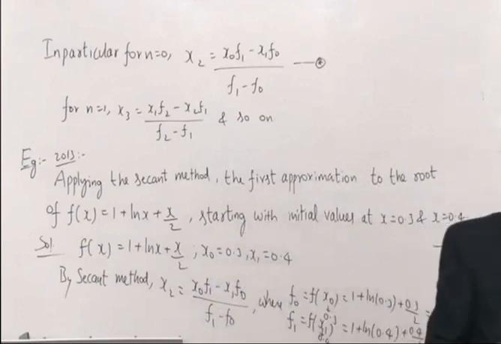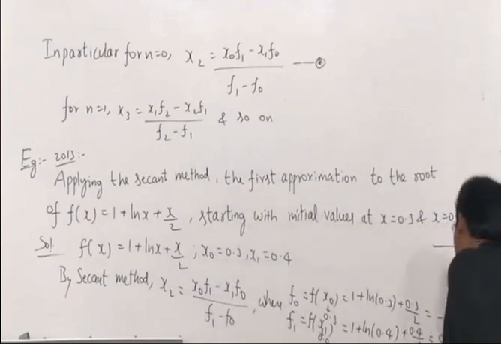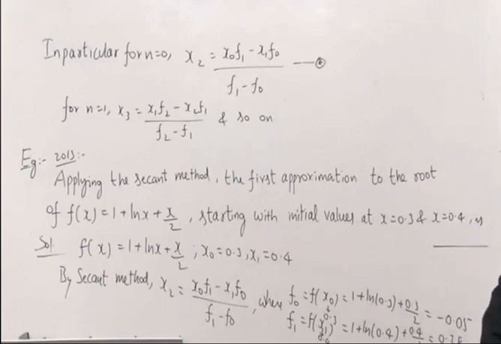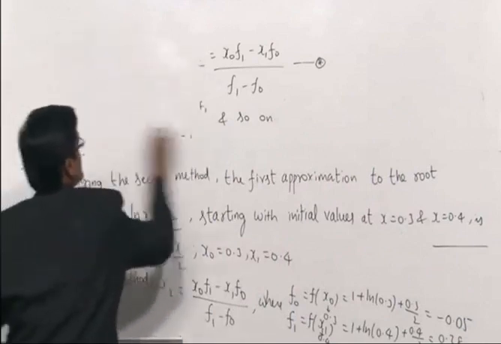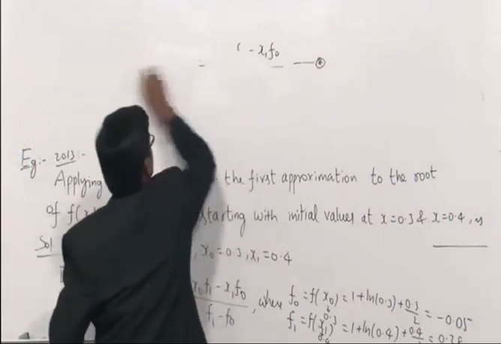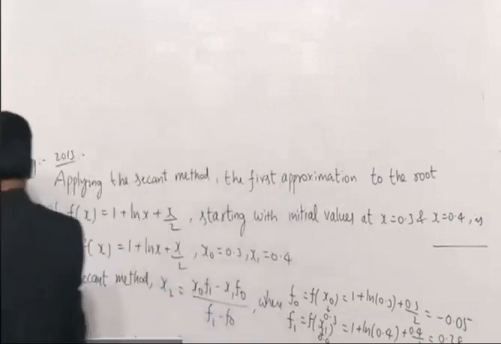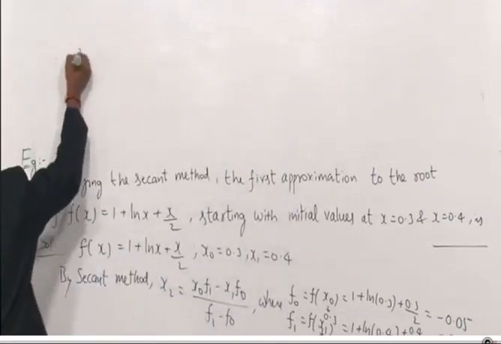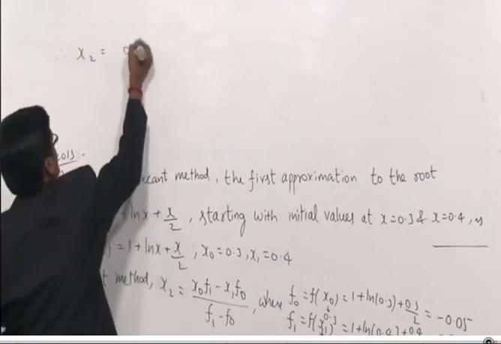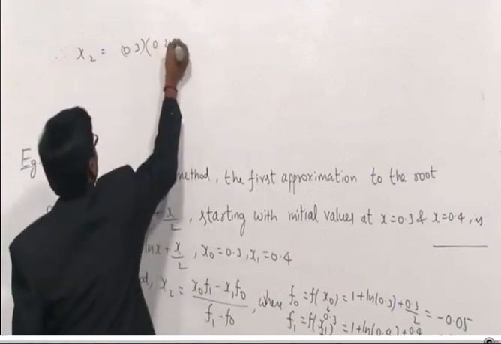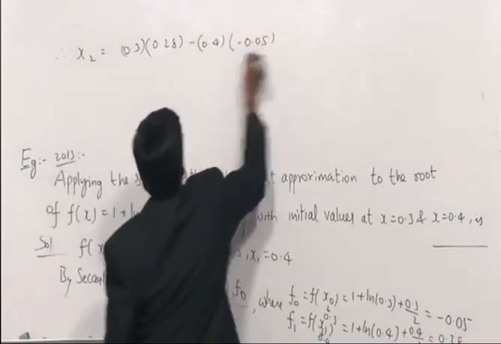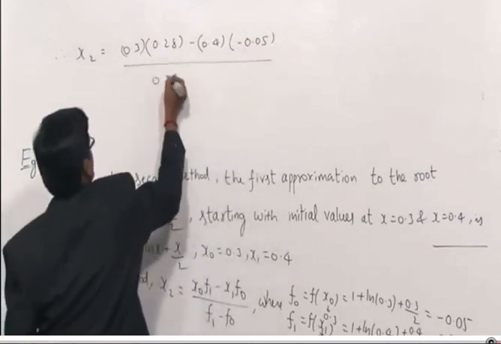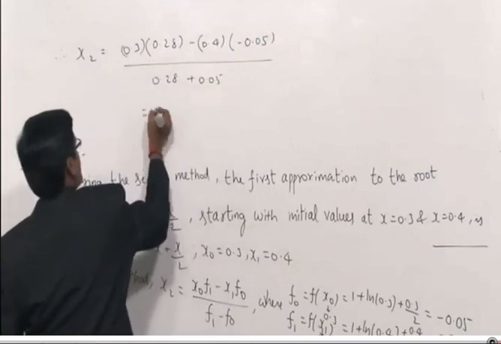Please check all of this. Therefore x2 = (0.3 × 0.28 - 0.4 × (-0.05)) / (0.28 + 0.05), which simplifies to approximately 0.32.